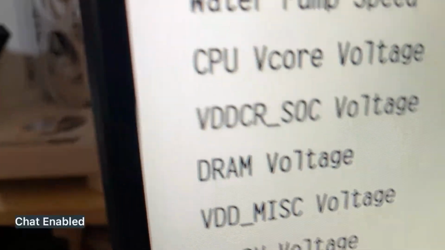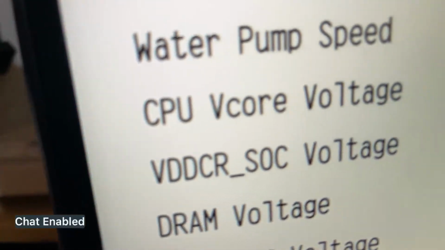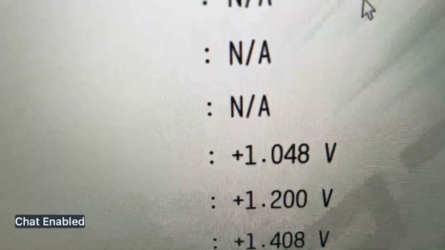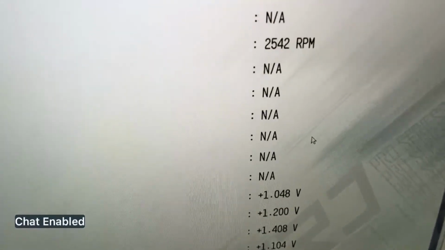Just ASUS was afraid and immediately put the VDDCR SOC voltage to 1.27, 1.272 or something like that, which is close to 1.3. Dangerous.